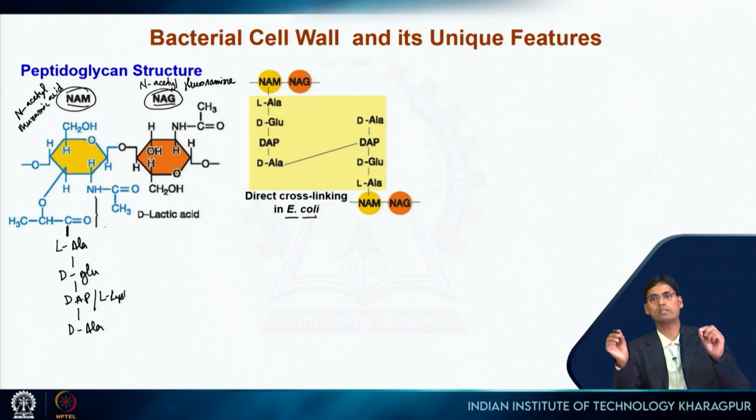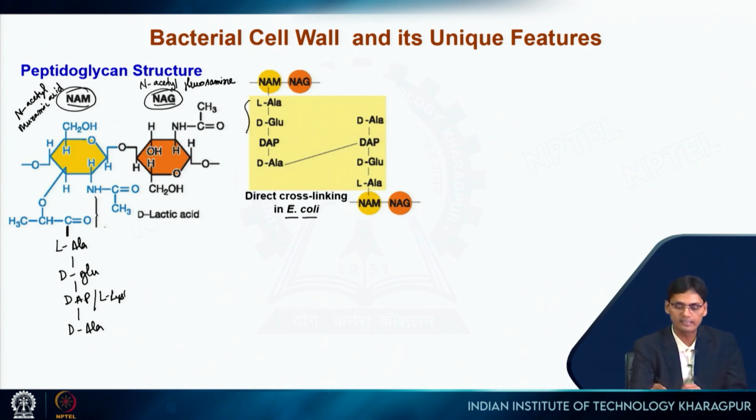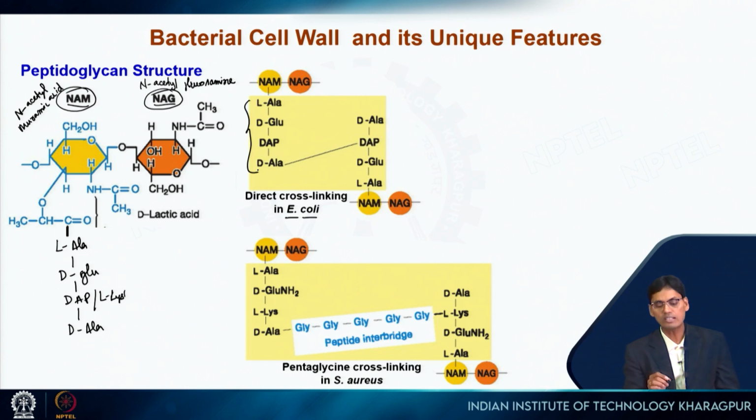So it's repeating that way, and then there is a small peptide chain, mostly made up of 4 amino acids, hanging from the N-acetyl muramic acid, as you can see here. These amino acids are a little different. When we discuss proteins, most amino acids are the L form, the natural amino acids present in protein.